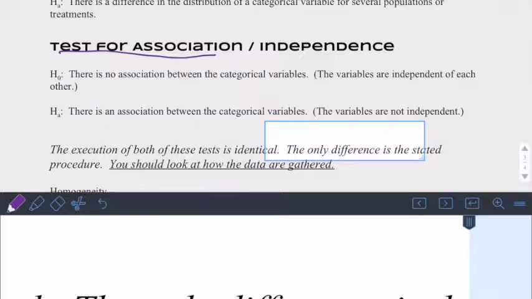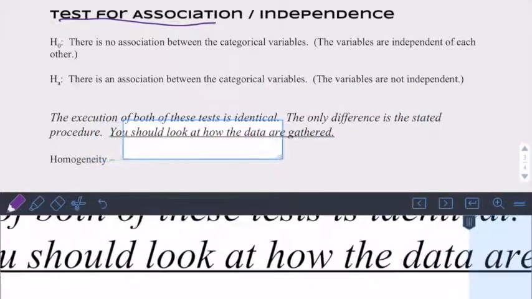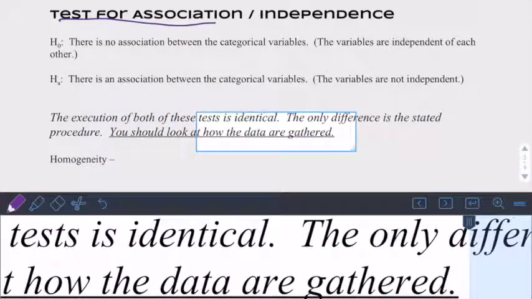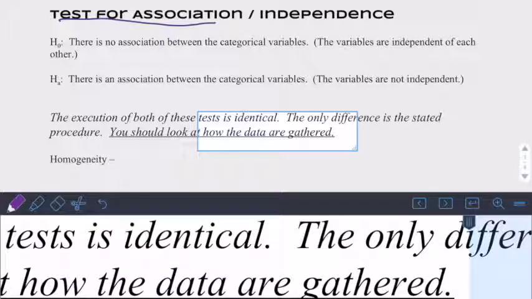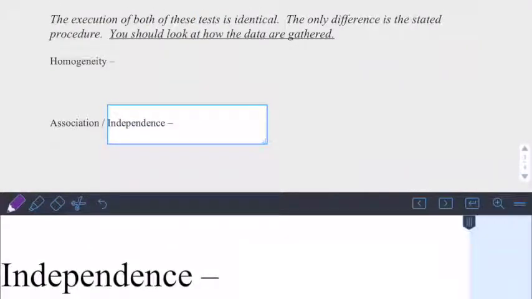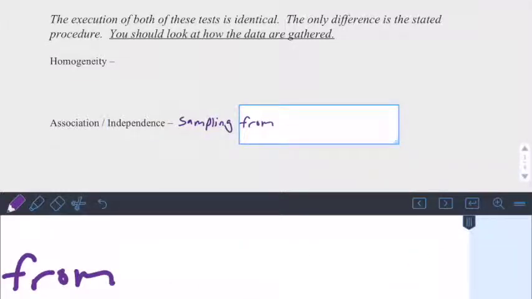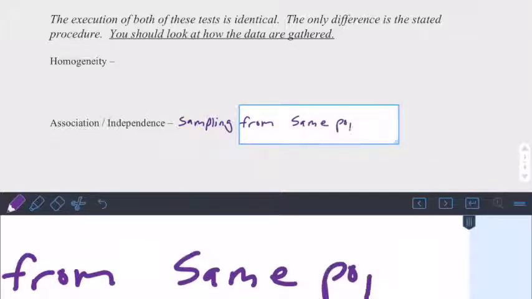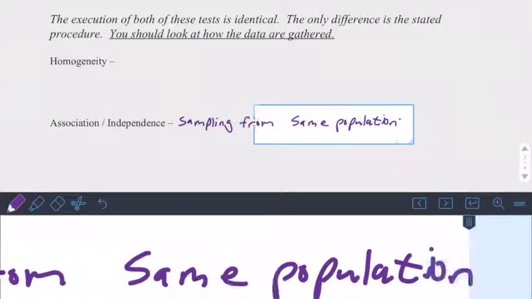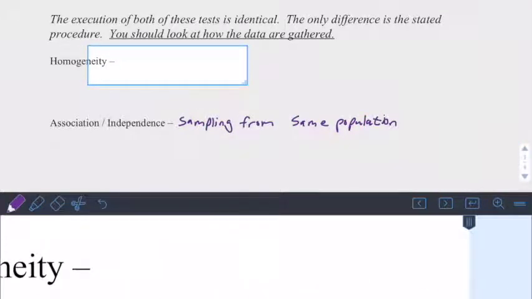Okay? The only difference is the stated procedure, and you should look at how the data are gathered. So our association is when you're sampling from the same population. When you're doing homogeneity, you're sampling from different populations.